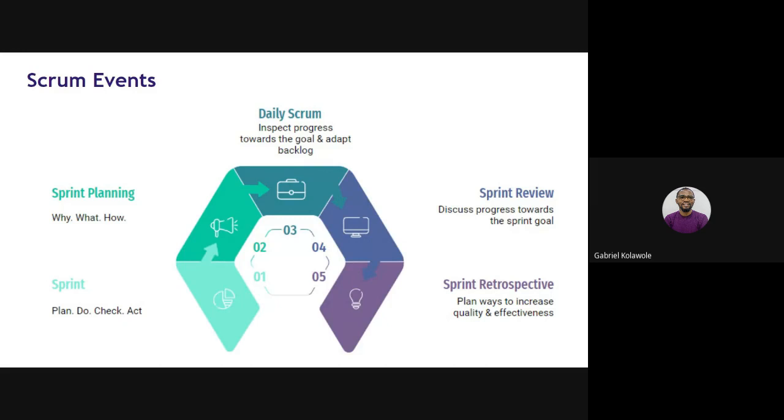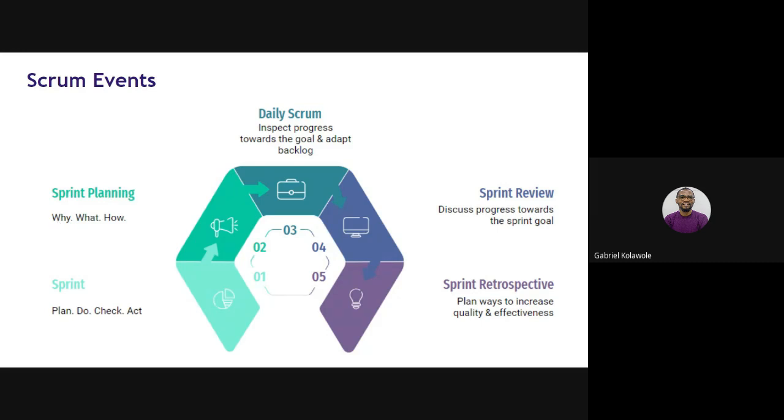So the sprint is that container event where you plan, you do, you check, and you act. The other layers are what you should now visualize as the sprint planning, the daily Scrum, the sprint review, and the sprint retrospective.